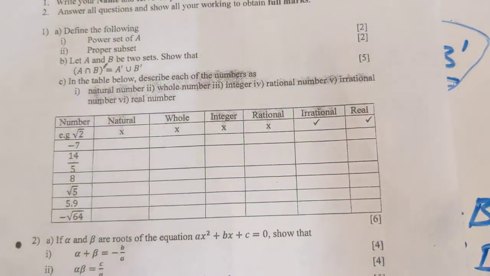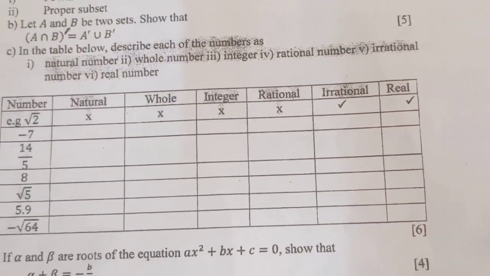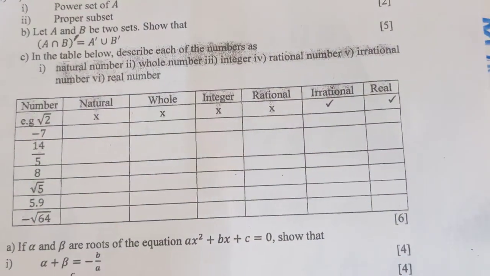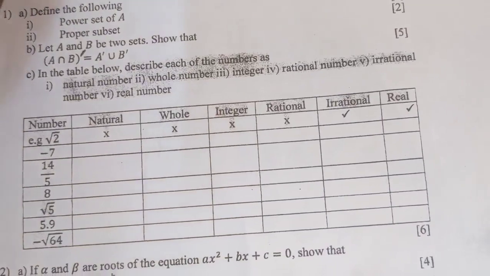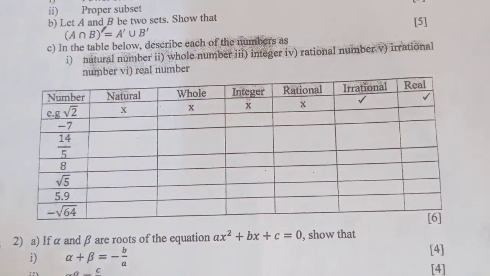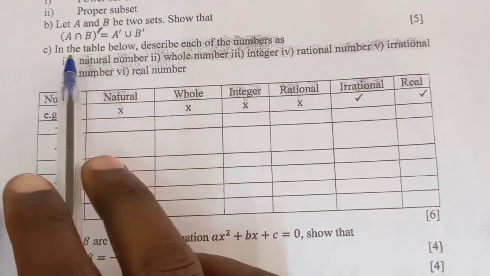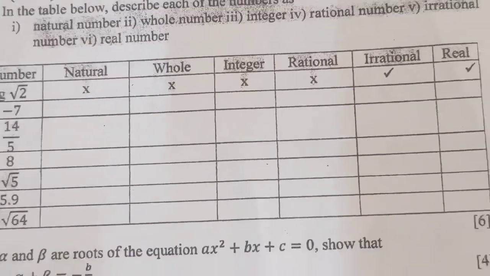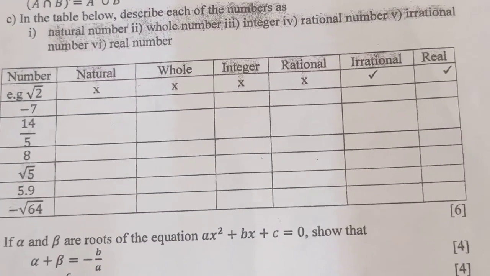So now this part. This part is the simplest part here. Here you are asked just to mark in the table below. So this question came as, let me just try to zoom it.